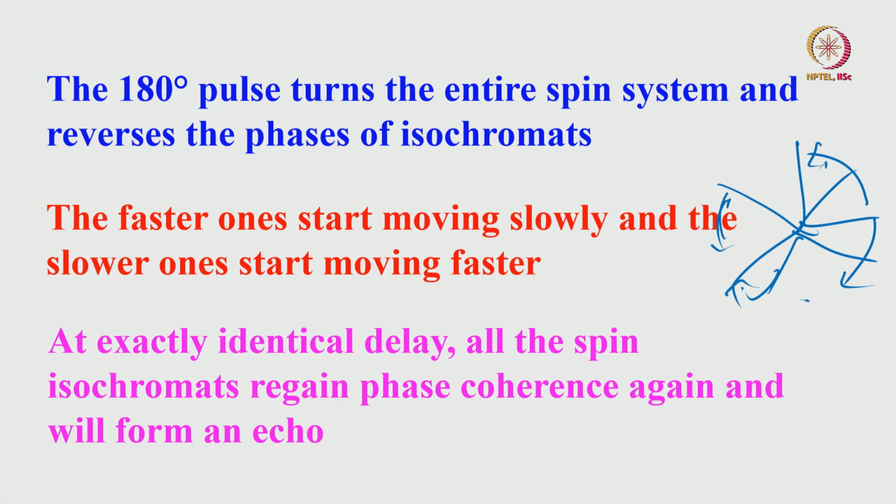It is like, think of a situation. Think of a running race. There are different people standing here. You ask all of them to start moving. Everybody starts running. Different people will run at different speeds.